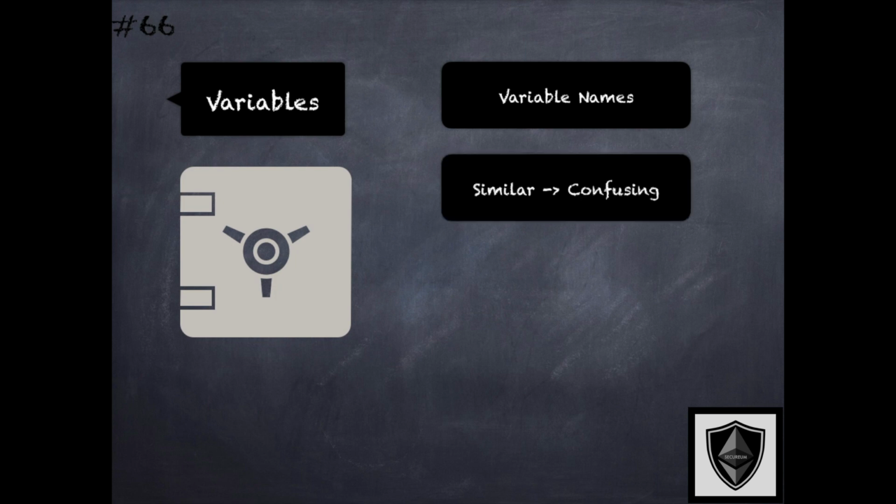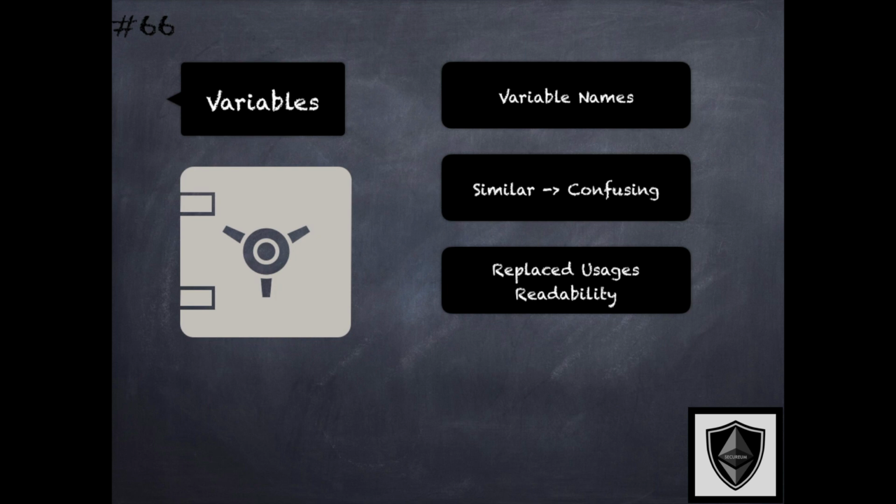Because if they are very similar, if they differ by only a few characters or one character, then it could be confusing both to the developer as well as to the security reviewer. And from a developer's perspective, it could lead to replaced usages where the developer uses a different variable than what was intended. And this, as you can imagine, can have disastrous effects on the functioning of the smart contract.